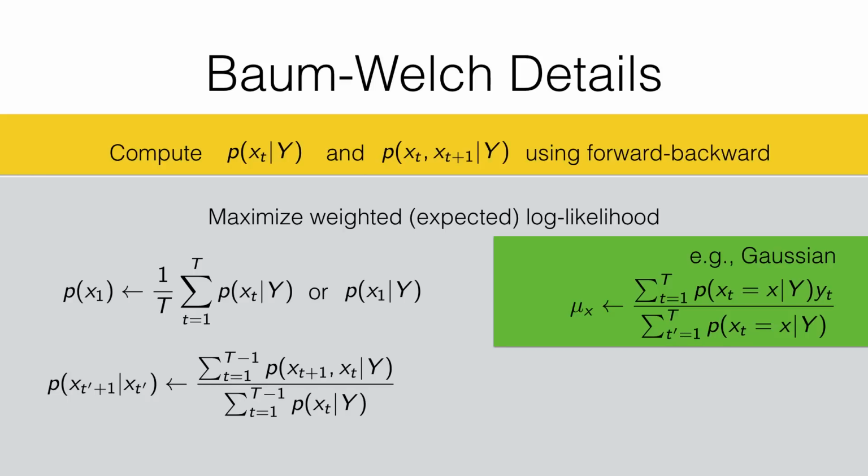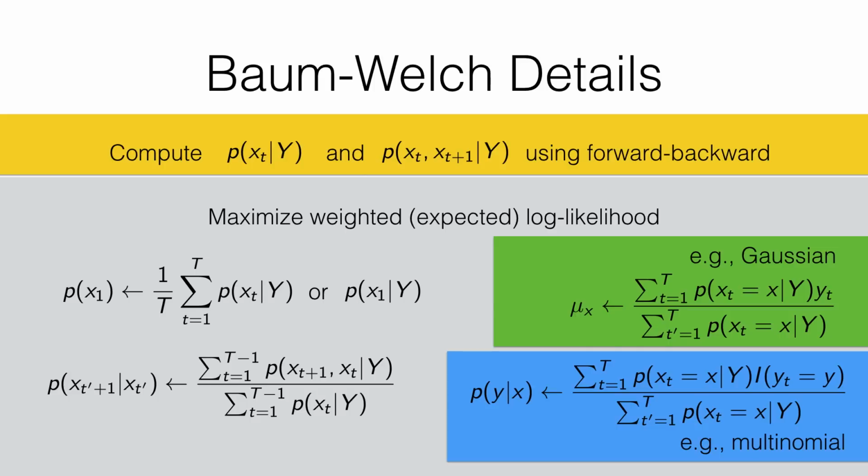So for example, if you had a Gaussian emission model or a Gaussian observation model, then maybe you'd compute the means by taking the weighted average of the observations, weighted by the states. Or it could be a table, in which case you would take the expectation of the indicator of your observation being in the state that you're computing, all normalized by the weighted sum of all the probabilities.